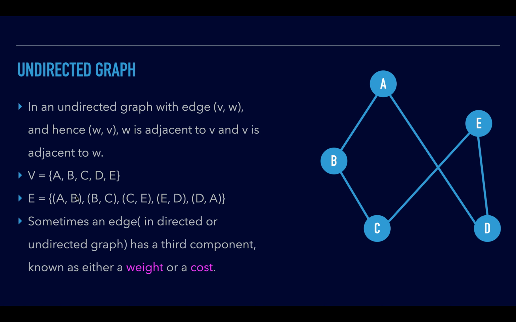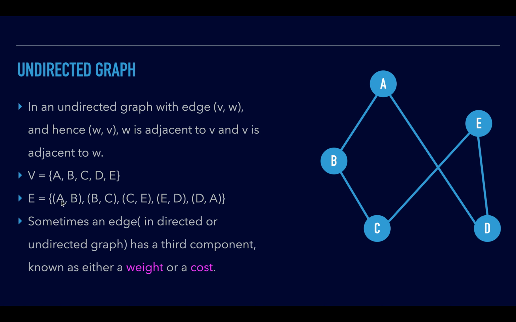When you write the edge, I can also include one more piece of information along with the starting point and the ending point, that is the cost of that particular edge. Suppose you look at A as one location and B as another location. If I have a cost associated with traveling from A to B, and I want to model the cost in this graph, then I can write that information as the third element of the edge.